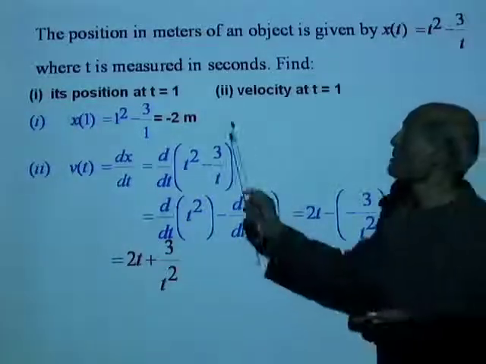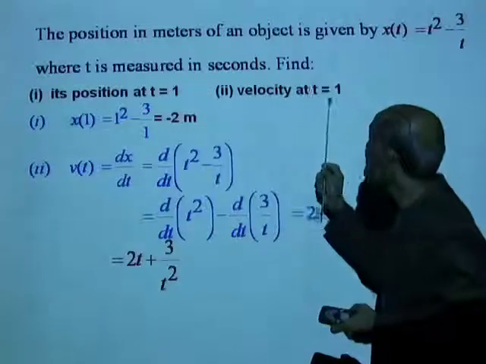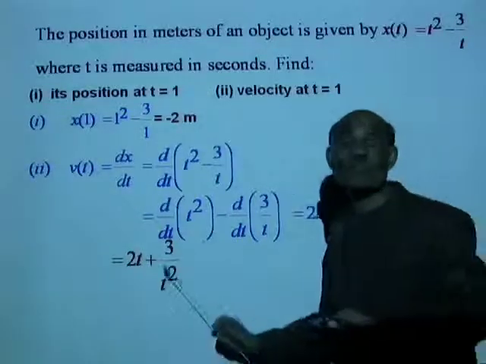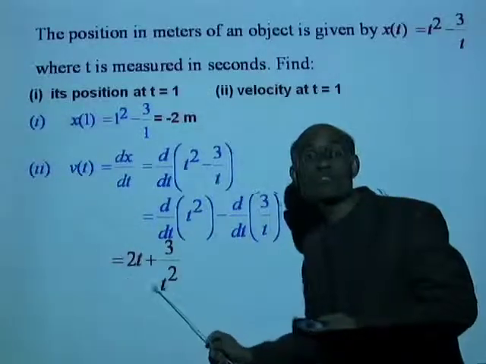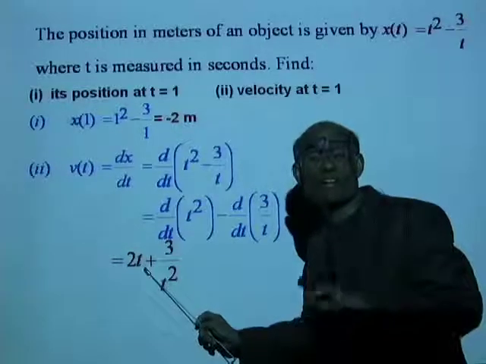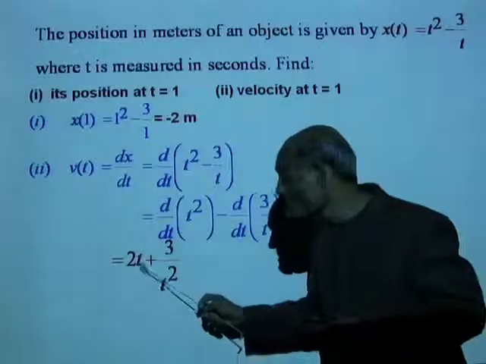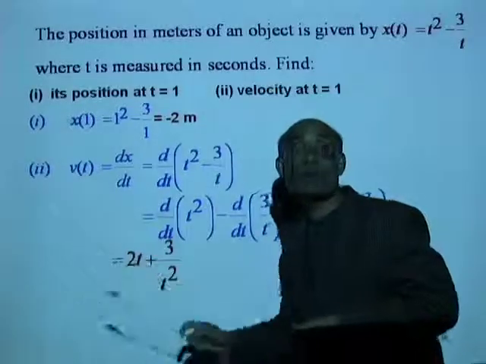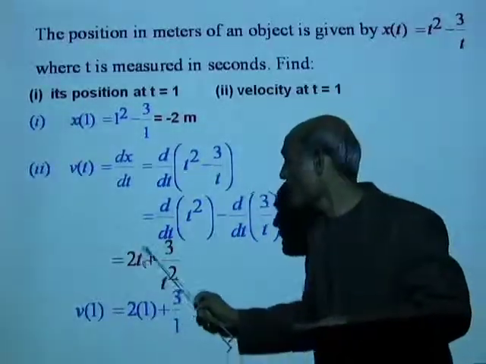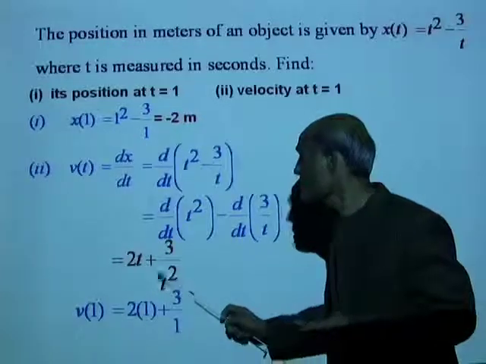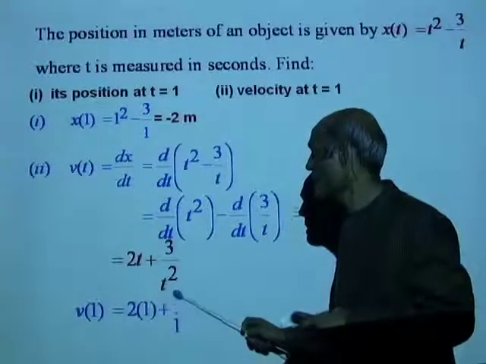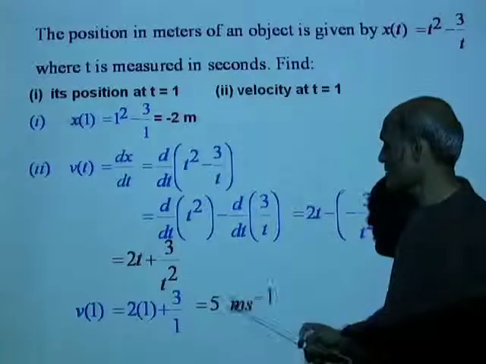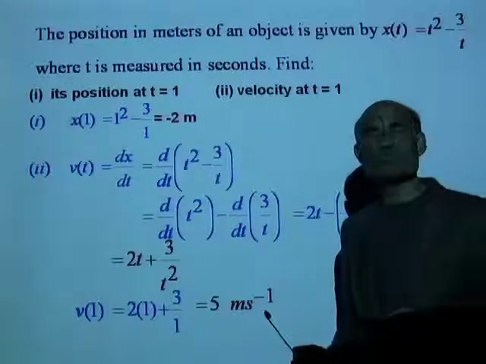And we want to find the velocity at t equal to 1. In other words, we want to find the rate of change of the position function at the instant when t equal to 1. In other words, we need to find v of 1. V of 1 is, replace your t by 1 there: 2 times 1 plus 3 over 1, which is 5 meters per second.